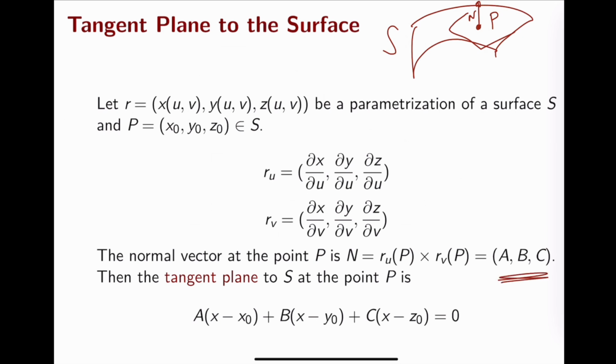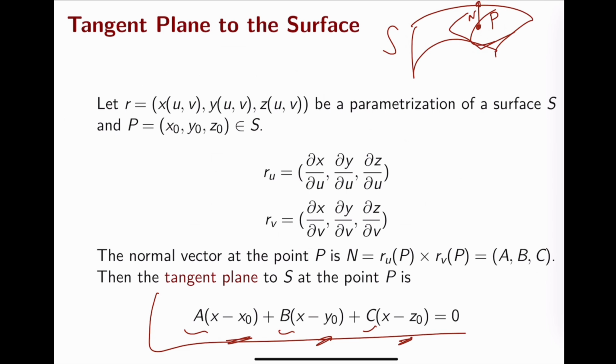Let's call A, B, C the components that we get by this calculation. And then the tangent plane to the surface is going to be given by A, B, C, the components of the normal vector, times x minus the component of the point where we want to calculate the tangent plane.